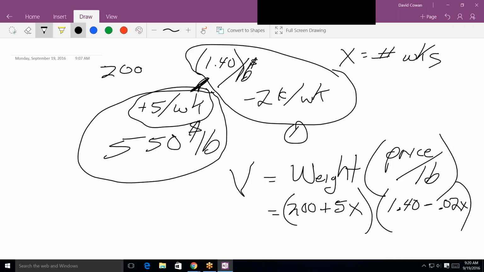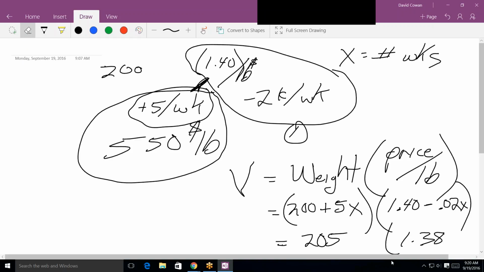When x is 1, we would have a 205-pound pig, and we would have a value of that pig of $1.38 per pound. We got it right. Yep, that worked out.